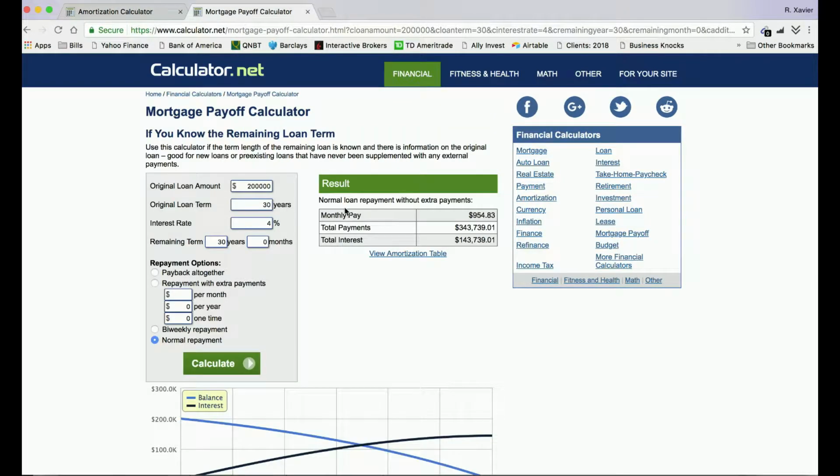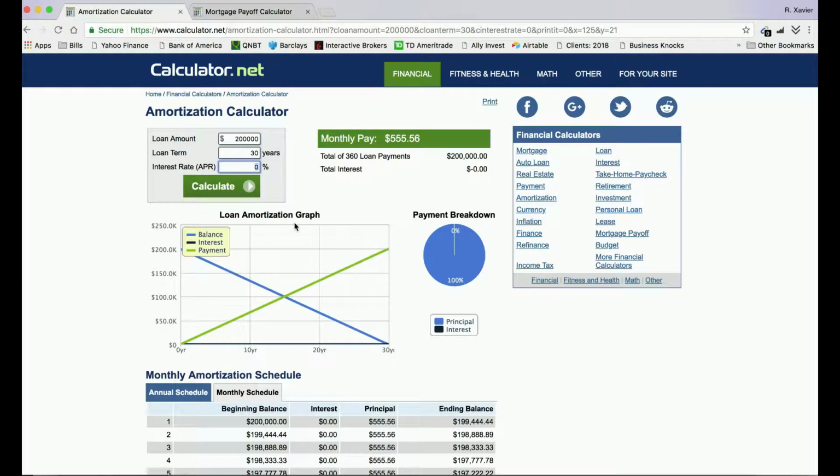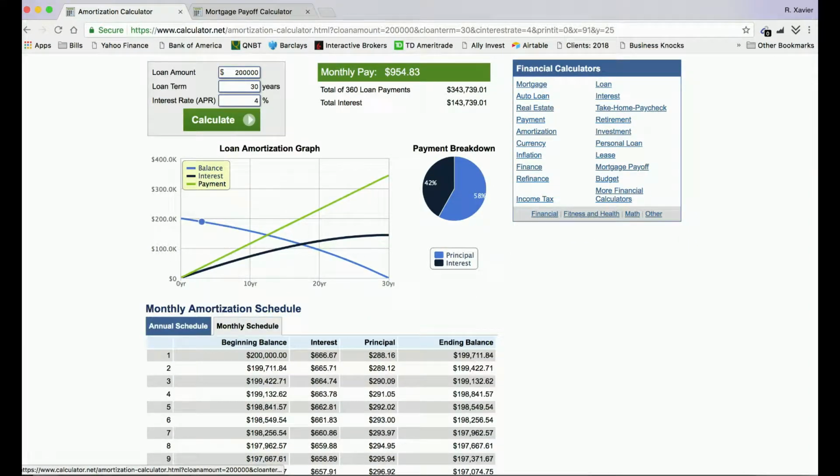Okay, so now to go to the next part of this and then wrap it up, we're going to talk about extra payments, because this is a really important aspect of a loan, depending on your strategy. Let me put this back real quick so that it matches up with what we're looking at, so that you can understand exactly what happens should you decide to pay off a little early or not pay off early.